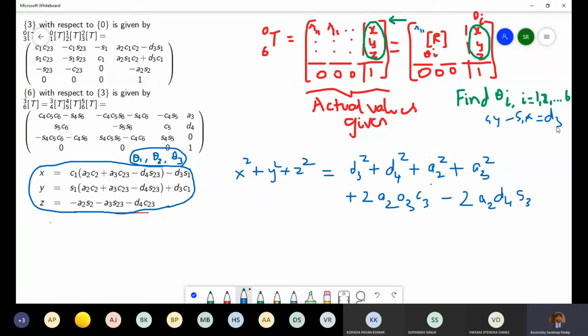So this looks similar: C3 into something, S3 into something equals some constant term.